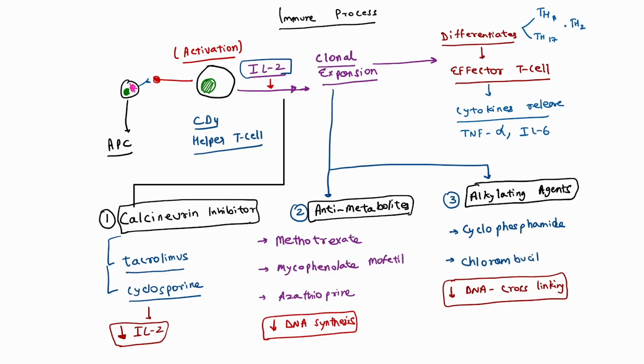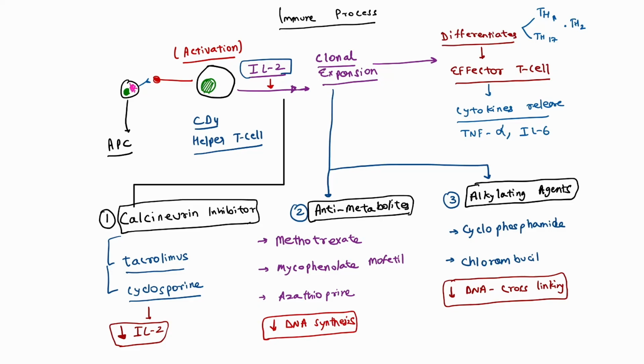Second group is anti-metabolites. From the name, the term is anti-metabolite. What they do is act on DNA synthesis so that the T cells in clonal proliferation don't proliferate at all. So they block it. Examples of these drugs are methotrexate, mycophenolate mofetil, and azathioprine.